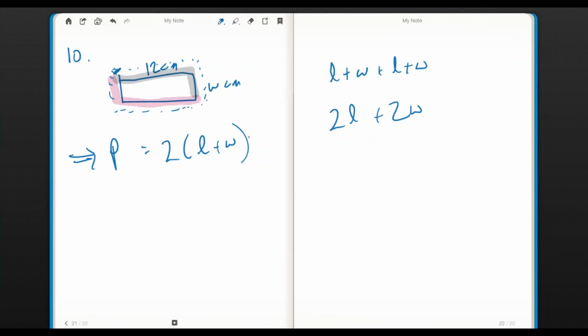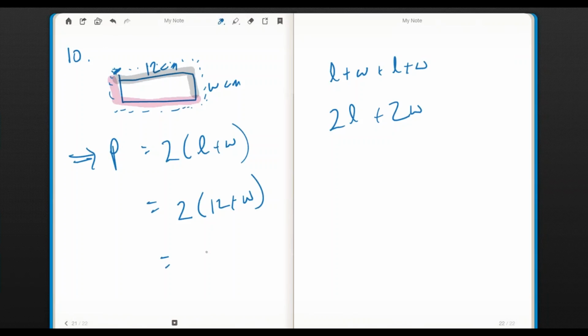And so the perimeter of the rectangle is simply 2 times 12 plus W. Now they use W for the width or for the side, and that's okay. If you have 2 times 12 plus W, that's one way to write it.